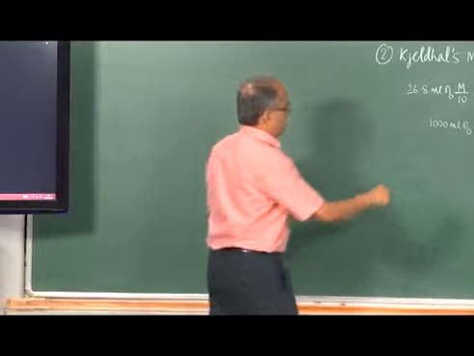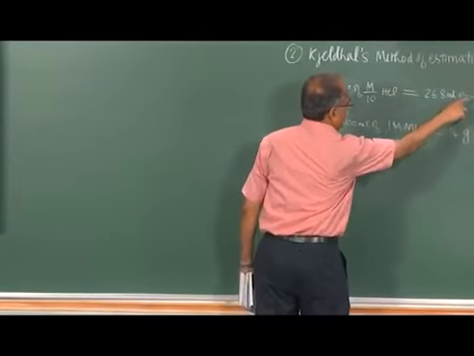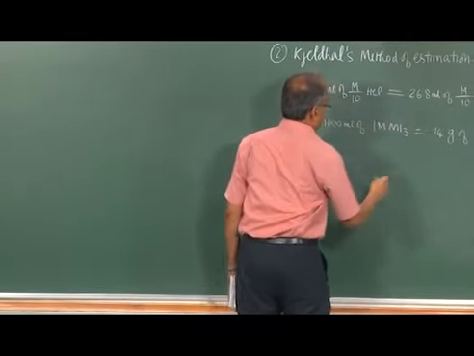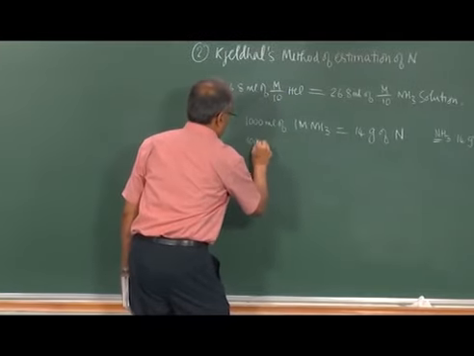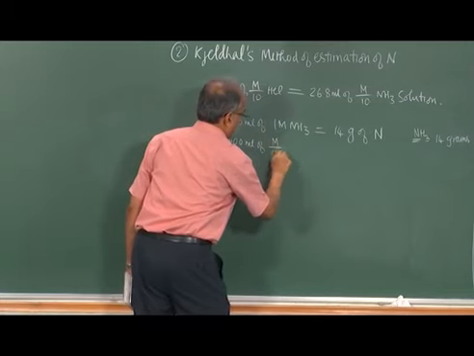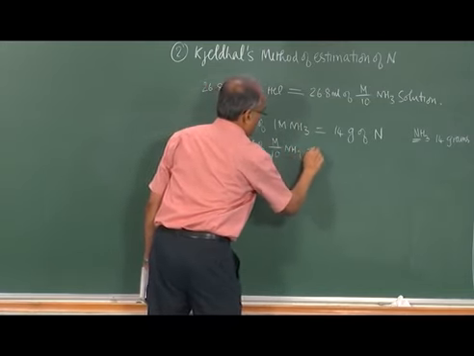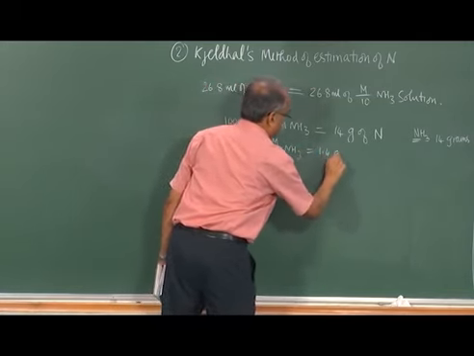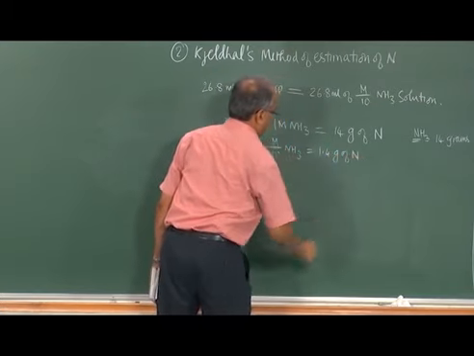So, 1000 ml of M/10 ammonia would correspond to 1.4 grams of nitrogen.